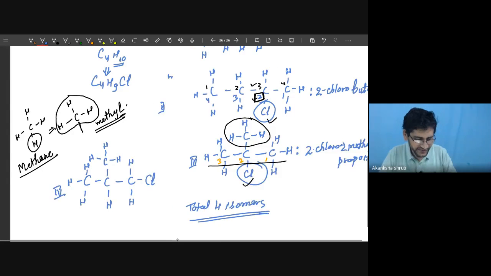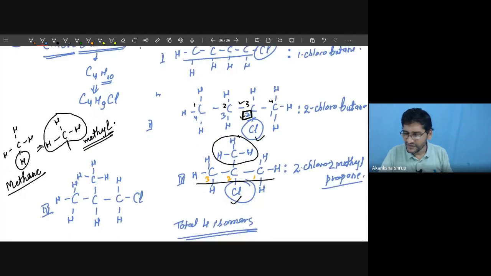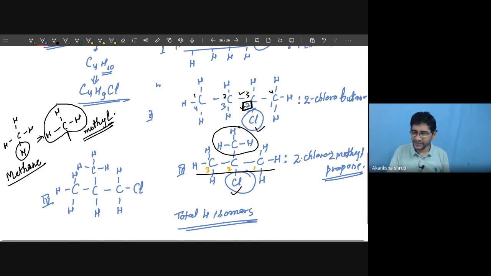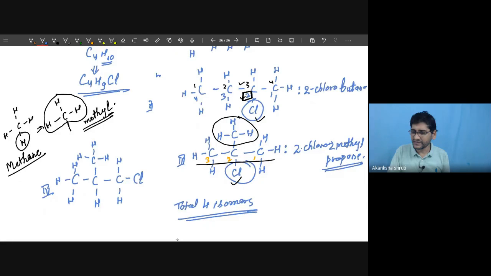Though formula wise it has 4 carbons, 9 hydrogens and 1 chlorine, in the name it is called propane. But in common name it is called chloroisobutane. So there are certain ambiguities, so common names are not kept in mind. IUPAC nomenclature is preferred. In common name it is butane, but in IUPAC name it is propane, and this is preferred.